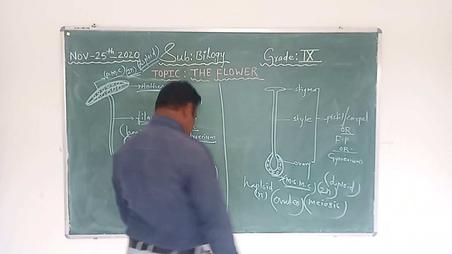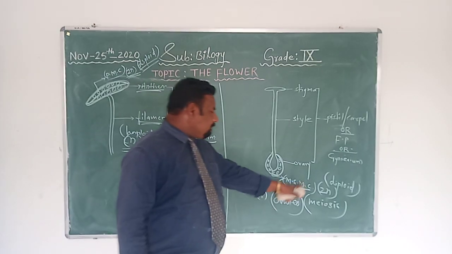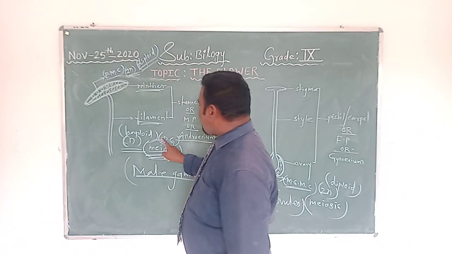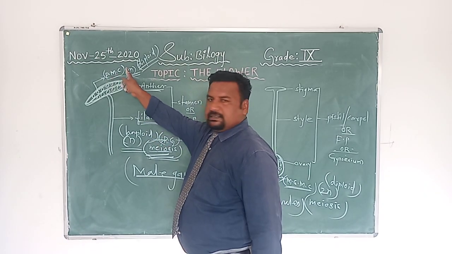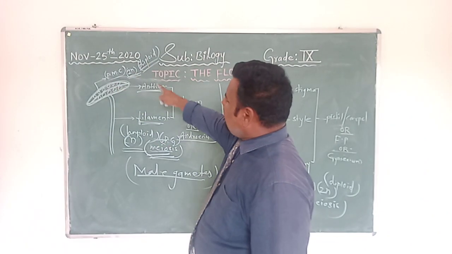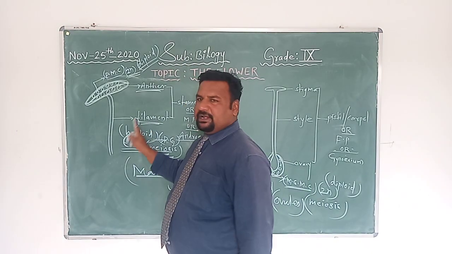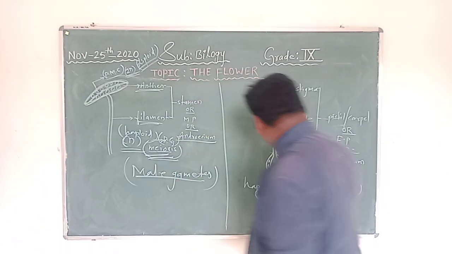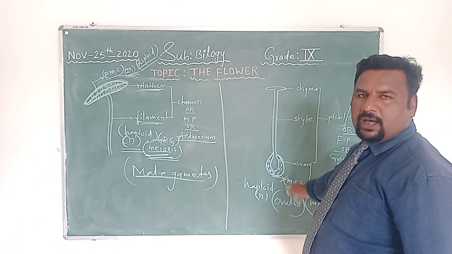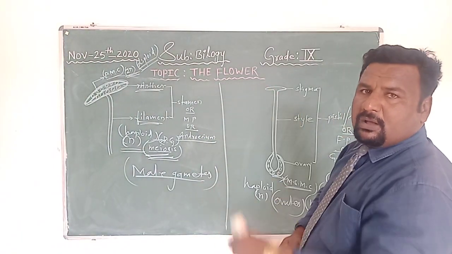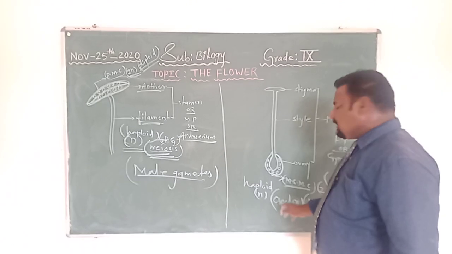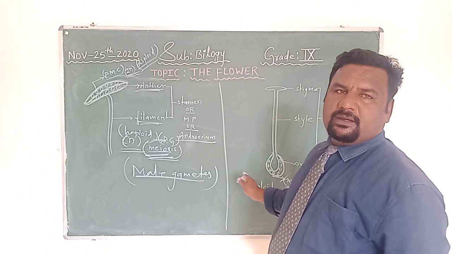See here the ovules are formed from megaspore mother cells. Here the pollen grains are formed from pollen mother cells. The pollen mother cells were diploid, they undergone meiosis, reduction division, and they turns into haploid pollen grain. And here the megaspore mother cells present in the wall of ovary, they too undergo meiosis, reduction division, and the diploid megaspore mother cells turns into haploid ovules.